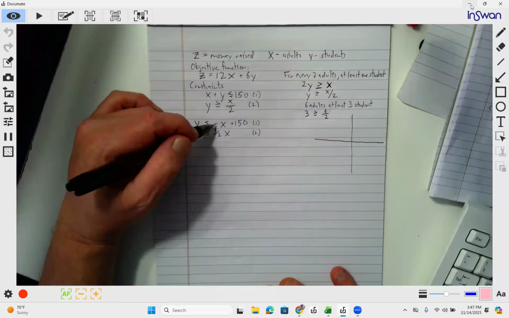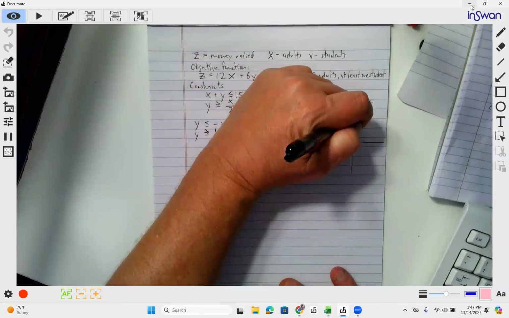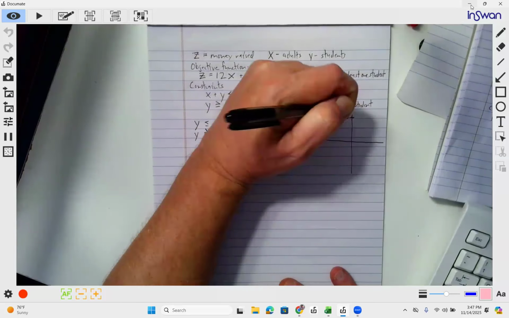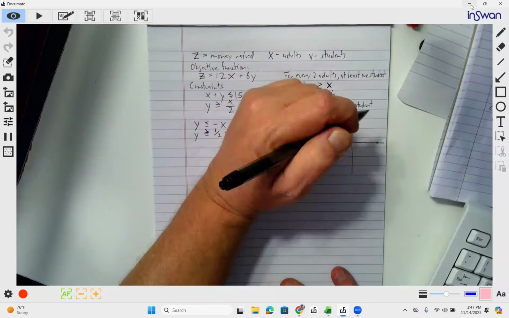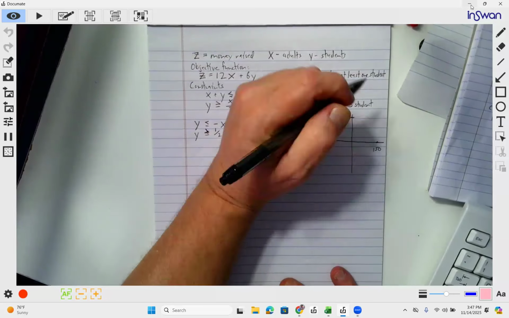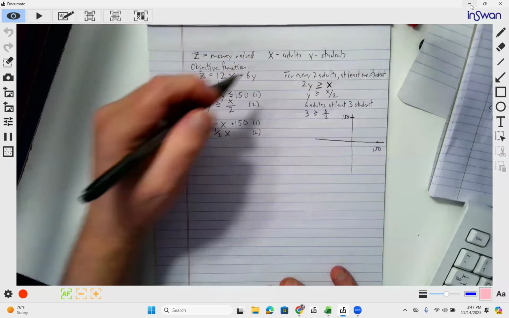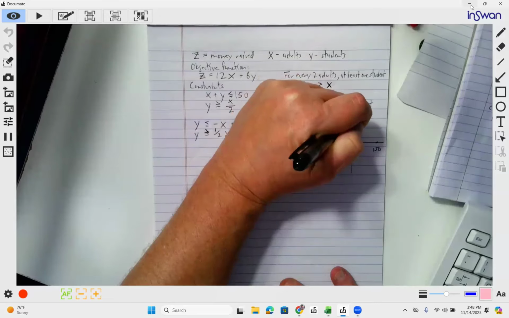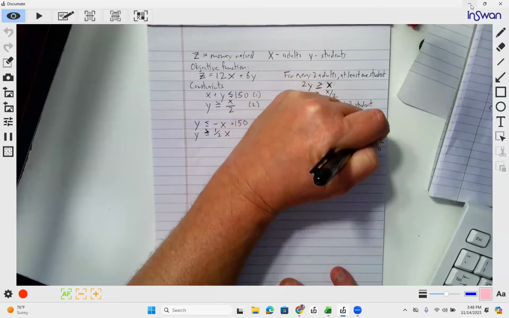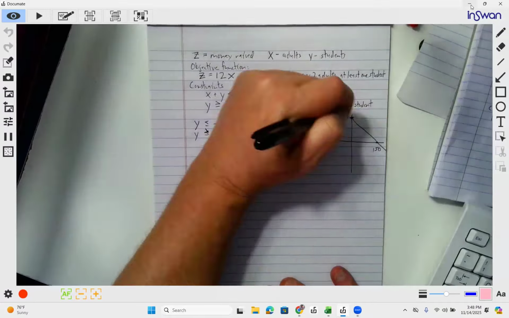So this is a slope of -1, and I'm going to put 150 here. So this is a slope of -1 and a y-intercept of 150. That's a line that basically goes from here to here. That's a 45-degree line with a negative slope.